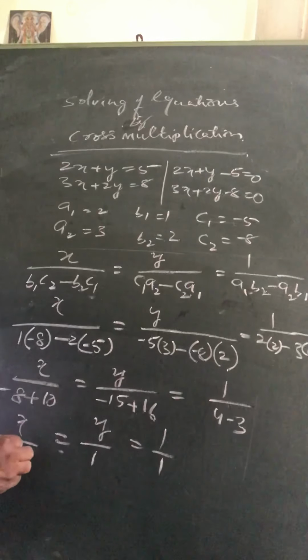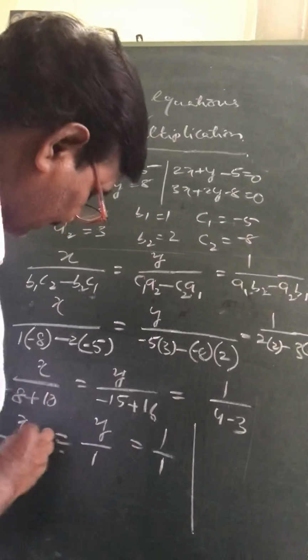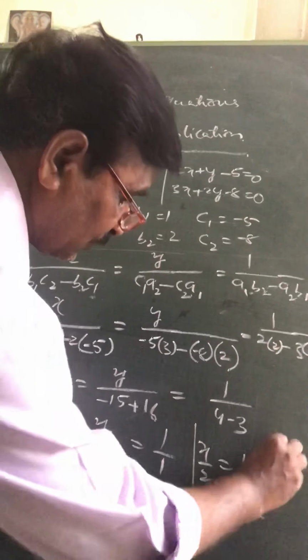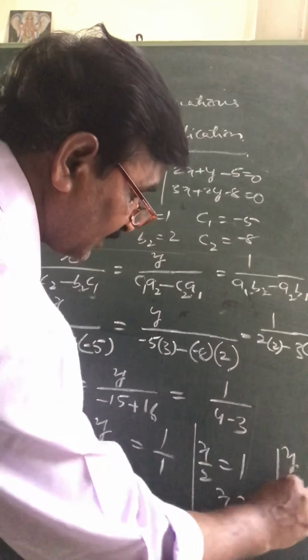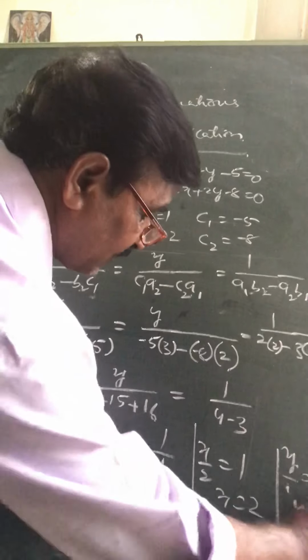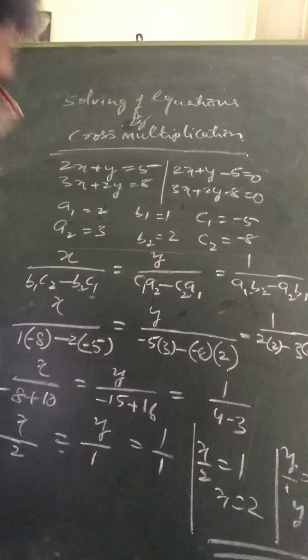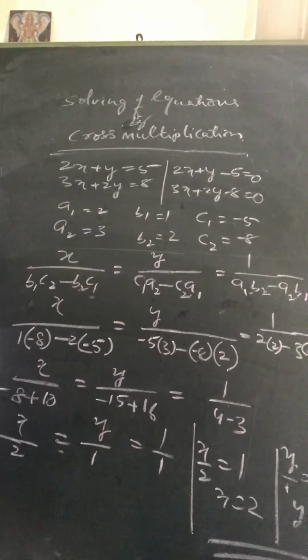Here the variables you have to equate with the constant. x by 2 is equal to 1, x is equal to 2. y by 1 is equal to 1, y is equal to 1. Therefore x is equal to 2, y is equal to 1. This is the way to solve the equations by the cross multiplication method.